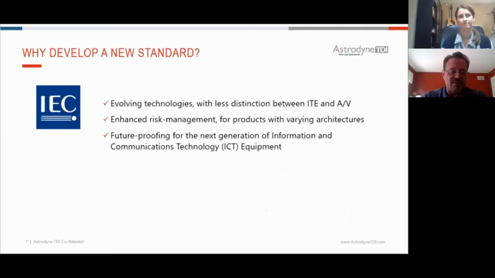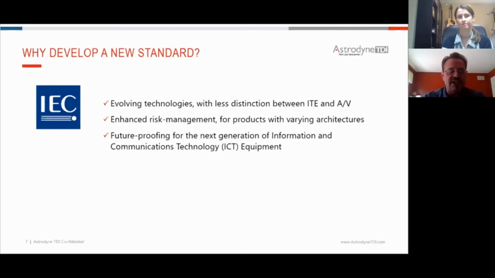The standard also focuses on enhancing risk management activities. So again, we talked about the sources of potential hazard, and the standard focuses on managing those sources and reducing risk, even for products that don't exist today. So they're looking forward to newer products with new architectures, a group of products with varying architectures, and being able to cover all of those as well.